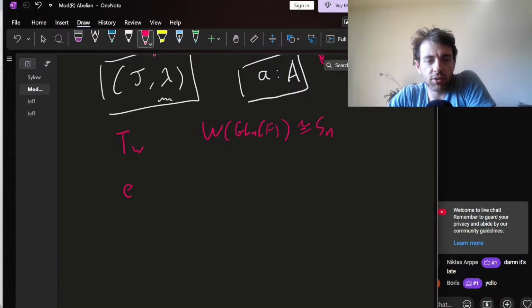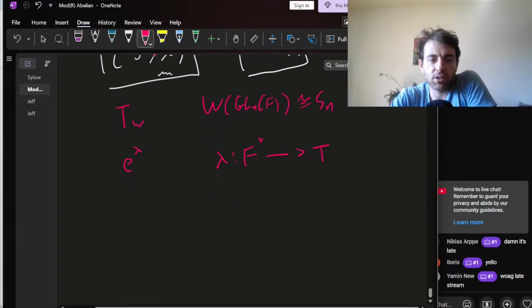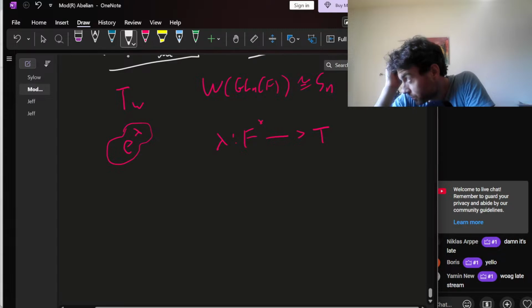And then we've also got these elements for, depending on what version you're looking at, co-characters. And, well, I guess for GL_n, there's n of these that we need to compute with, right?